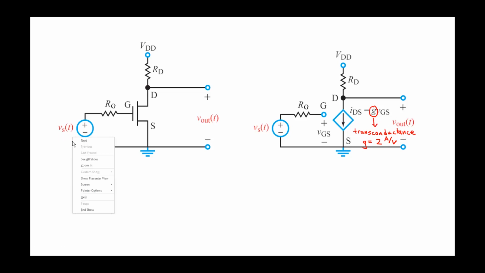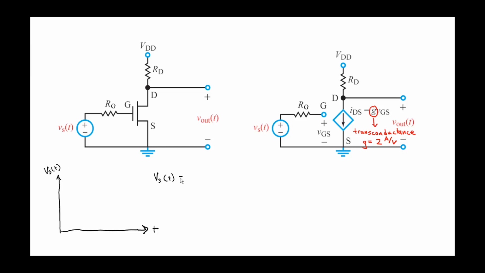So let's talk about what Vs of t actually is in this problem. So here are my axes. I have time as my x-axis, and Vs of t is my y-axis. And we're given Vs of t in this problem.